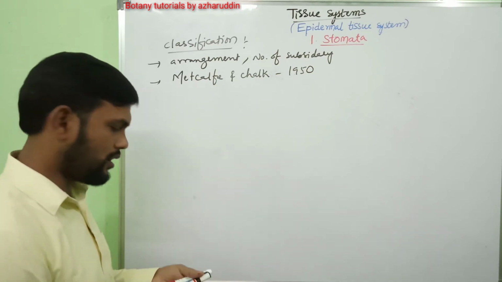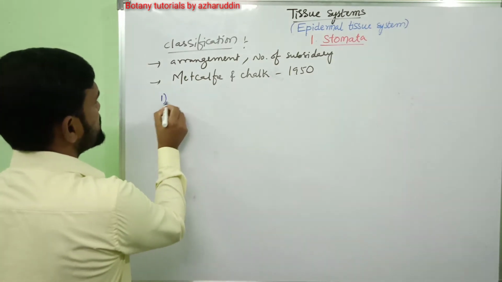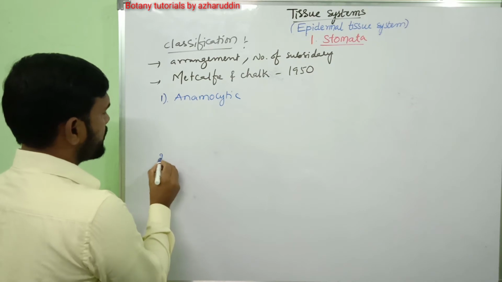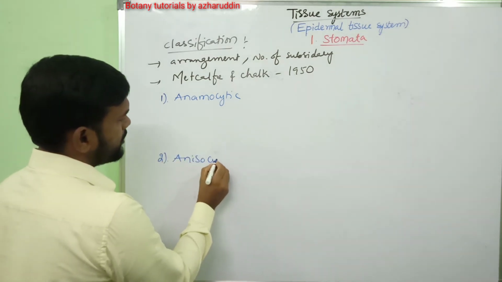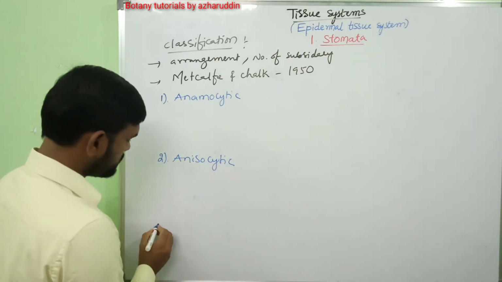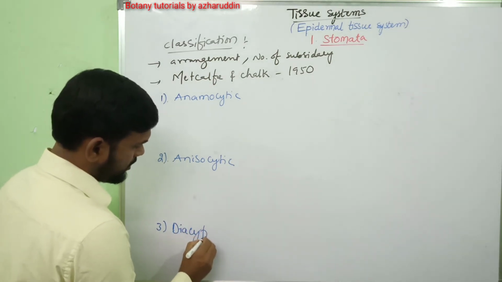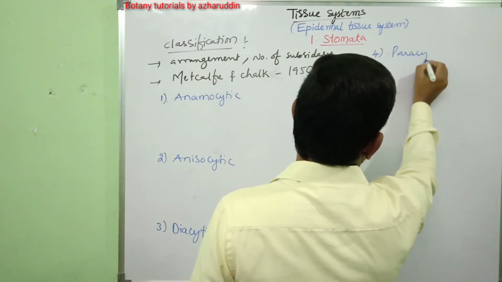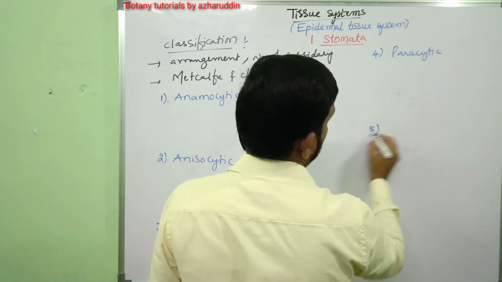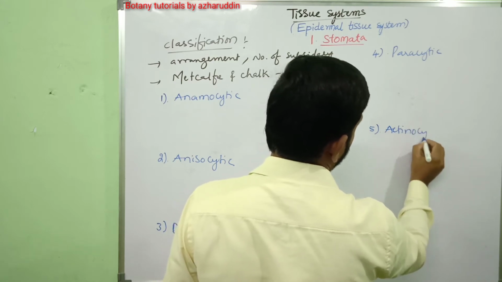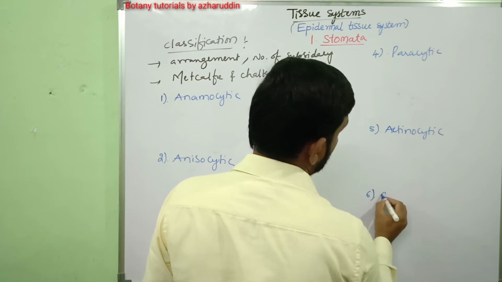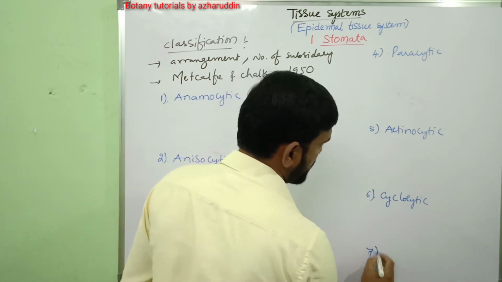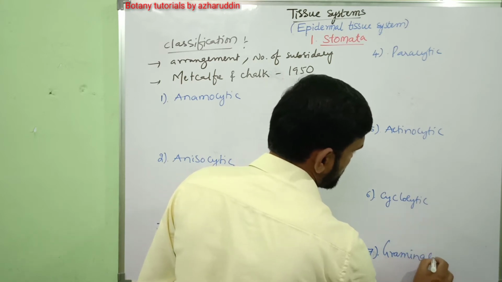The various types of stomata are: number one, anomocytic stomata; second, anisocytic stomata; third, diacytic stomata; fourth, paracytic stomata; fifth, actinocytic stomata; sixth, cyclocytic stomata; and seventh, graminaceous type.